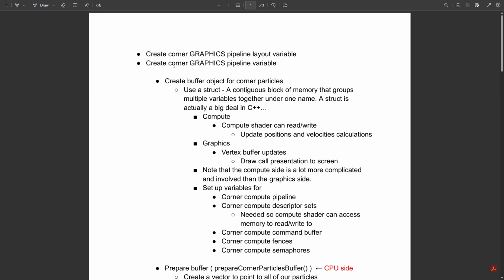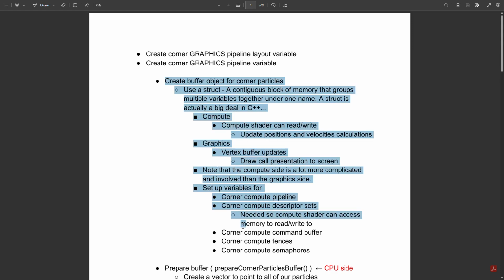A lot of this stuff right here, this indentation right here, notice that it is related to more compute stuff, right? So again, the graphic stuff is simple. Remember I said that when I made stationary particles in the corner, it was just like a graphical overlay, right? Because it was basically just saying, okay, these are the particles, plop it onto the graphics thing, draw the particles, and that's it, right?